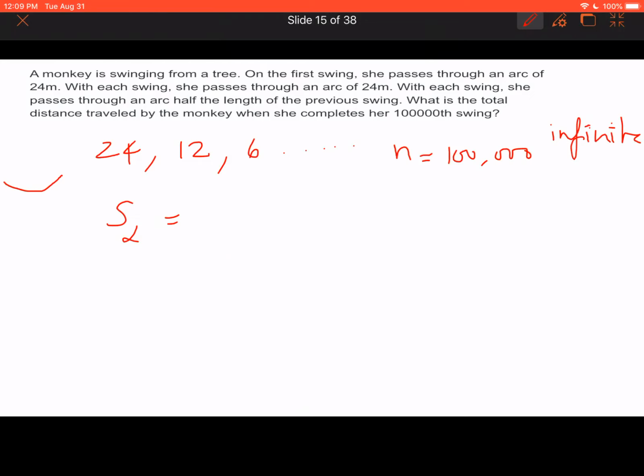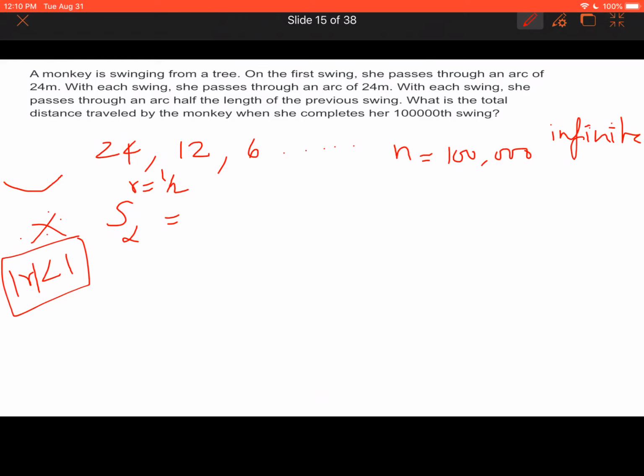Okay, but before we do this, we should know that the absolute value of r is going to be less than 1. This is a very important condition we have to check before finding the sum of infinity. So we are just going to check it here. So r is 12 by 24, that is going to be half. Right?